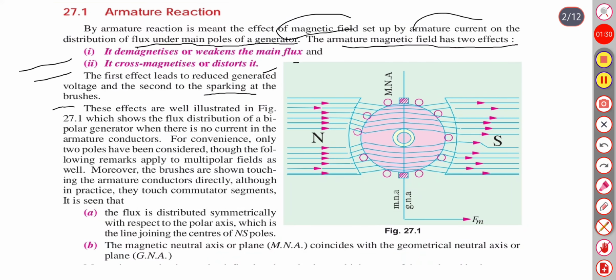These effects are well illustrated in this figure, which shows the flux distribution of a bipolar generator when there is no current in the armature conductors. So this is the field shown by these lines.